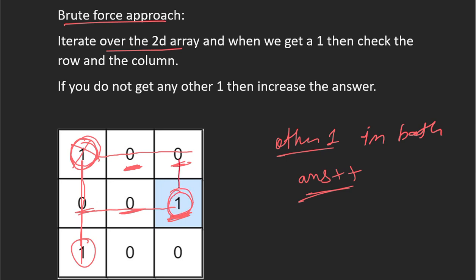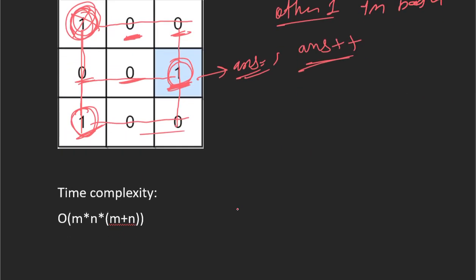Then we check the column, and the column also doesn't have any other 1, so now our answer has become 1. Then we move to the next position, which is again a 1. We check the row, there is no other 1, but when we check the column, there is a 1 present, so we won't increase our answer. This way we check all the elements, and at the end we return the answer.